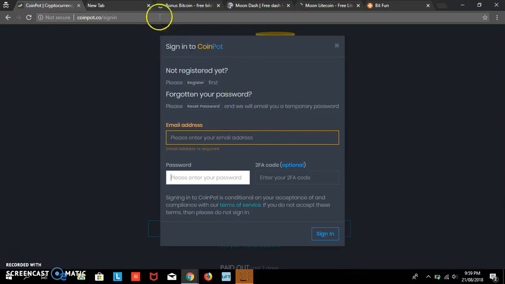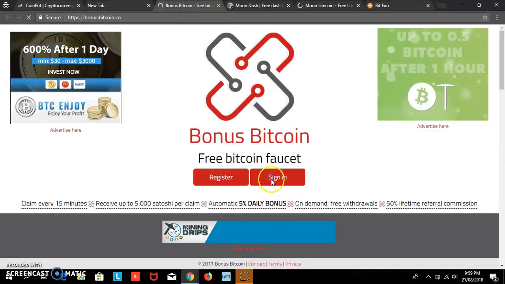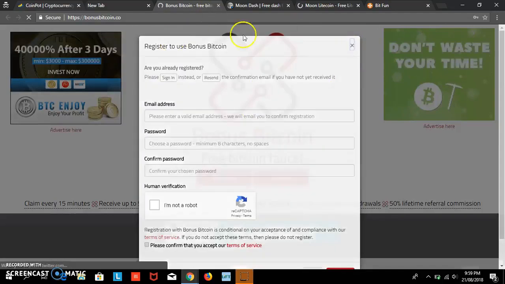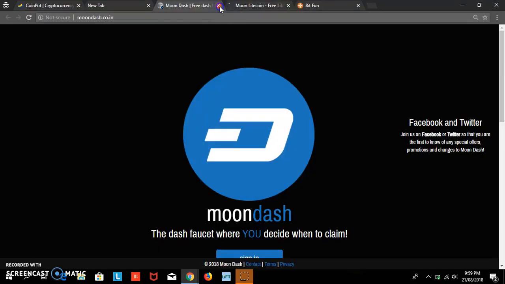But all you need is one email and one password, so that it will go directly to your Coinpot. All you need is to be registered, something like that. Let's close this.